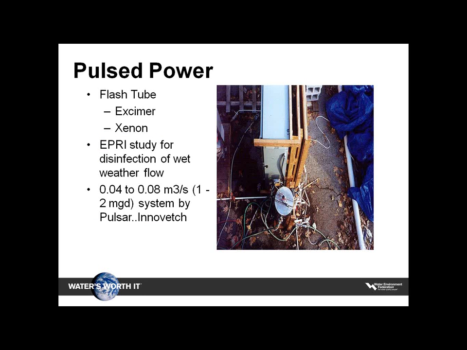And this is another one that has been looked at, the pulse power UV. A lot of work essentially looked at the Excimer lamps. The Electric Power Research Institute, EPRI, did a fair amount of work, both looking at this for wet weather as well as reuse. There were a couple of different systems. It does very good actually moving into the industrial side.